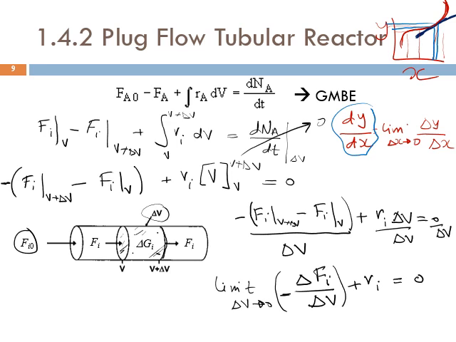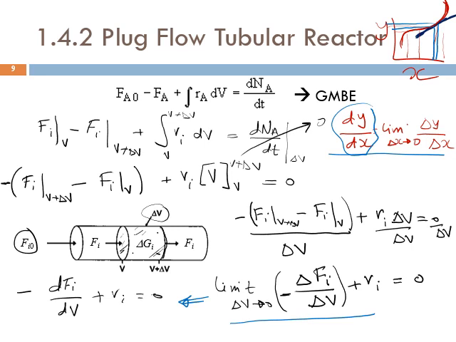So let's compare this definition to this definition, and you can see that therefore it can be written as minus dFi over dV. So I switch the algebraic equation to a differential equation, right?